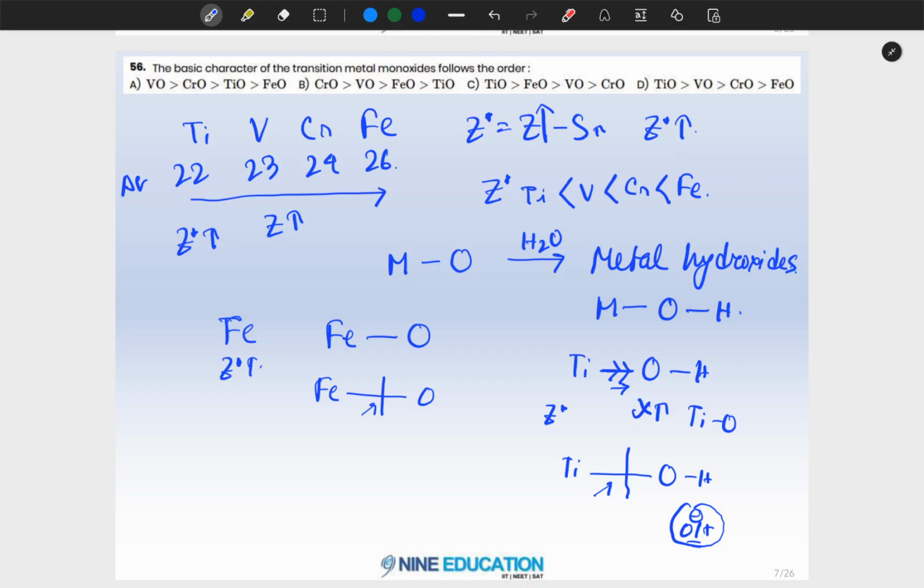Because of the higher electronegativity of oxygen, it will pull the electron cloud toward itself, so the bond elongates and can easily be broken, and OH minus ions get liberated. So titanium oxide has the highest basicity and iron oxide the least. So that's why D is the correct answer.